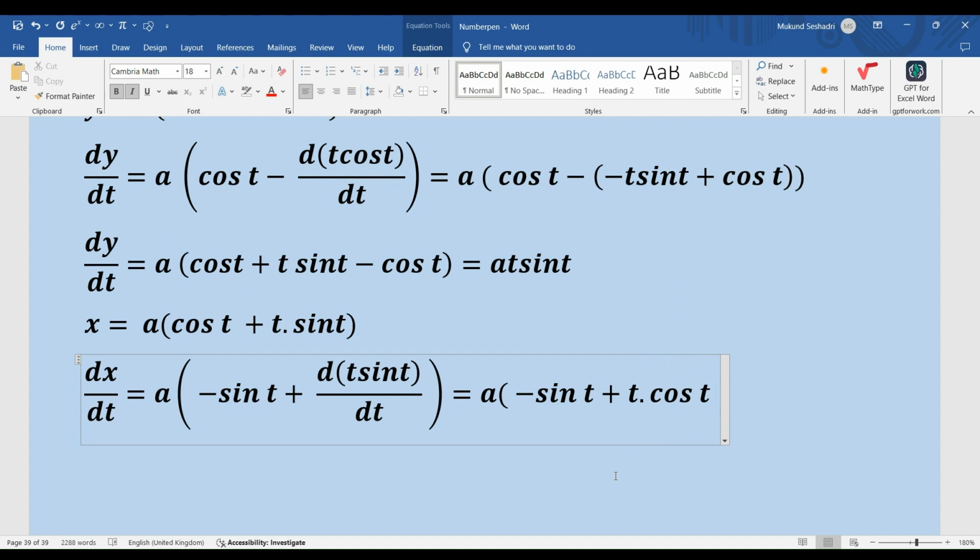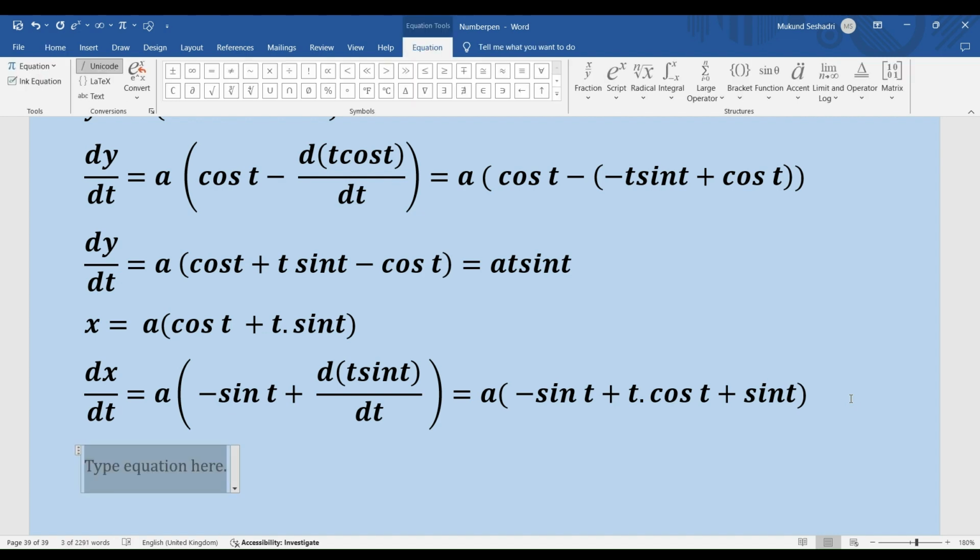And then my step 2 within the product rule is I do a d by dt of the first function, which is t, which is nothing but a 1. And then I retain the second function as it is. So there we have minus sine t plus t cos t plus sine t. So our sine t cancels out and then I'm left with dx by dt equals a t cos t.